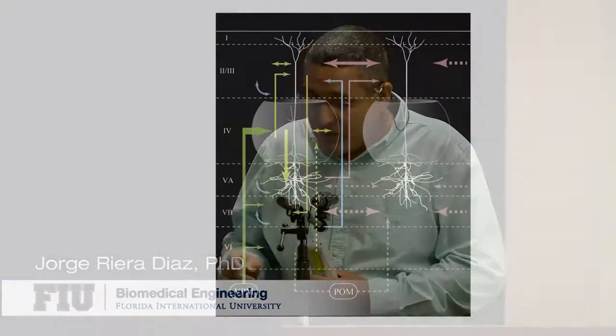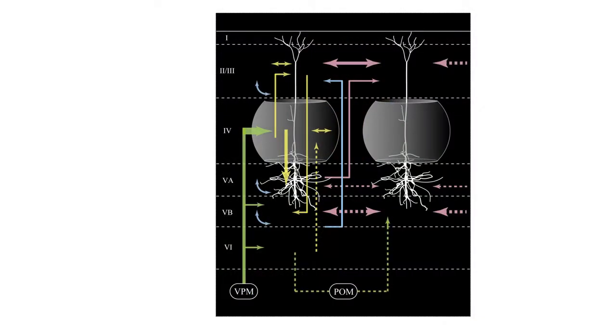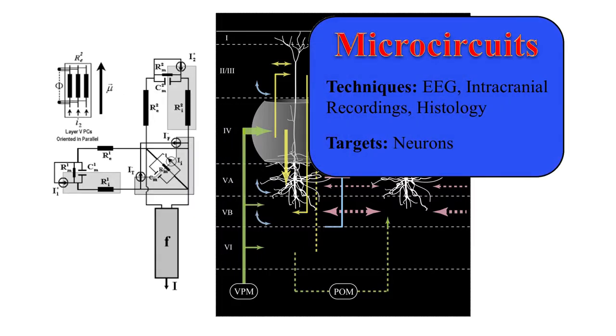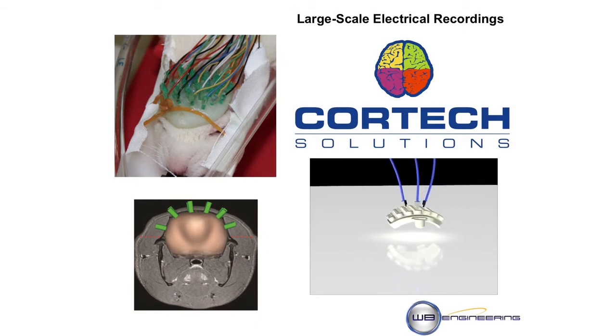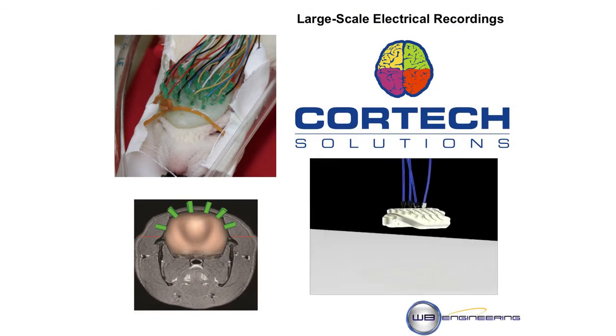Another area of interest is microcircuits, and one of the reasons that we study this is to understand how circuits are organized in the cortex of the animal. For that, we have a group that uses EEG, intracranial recording, and histology. We have a new technique that has been patented here in the United States, or is right now in revision.